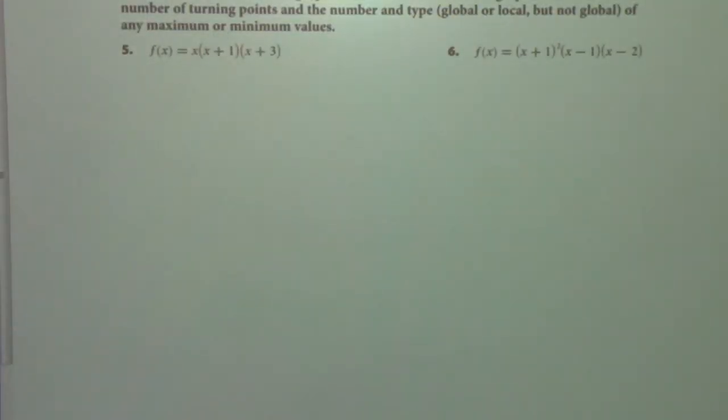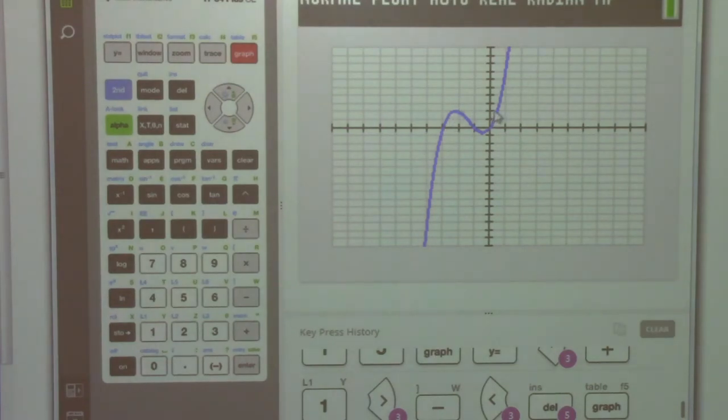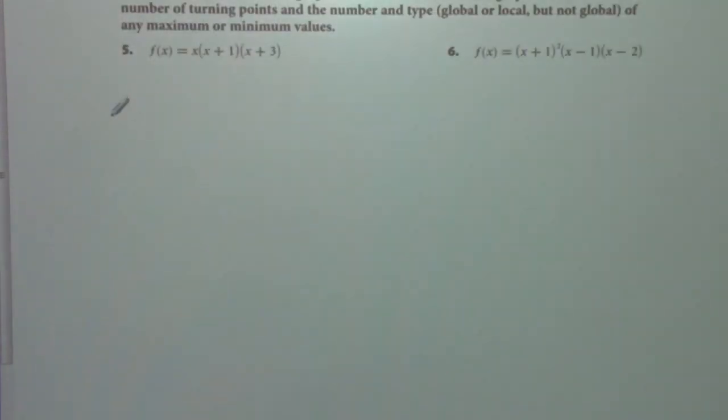Okay, number 5, when you graph the function, use the graph to determine the number of turning points and type. So how many turning points do we have here? We have 2. You see those 2 here? Yeah. Okay, so 2 turning points.